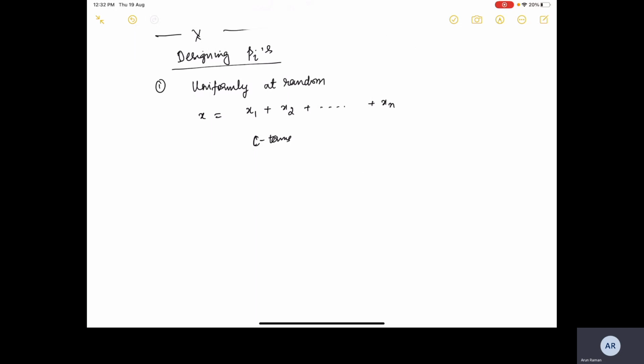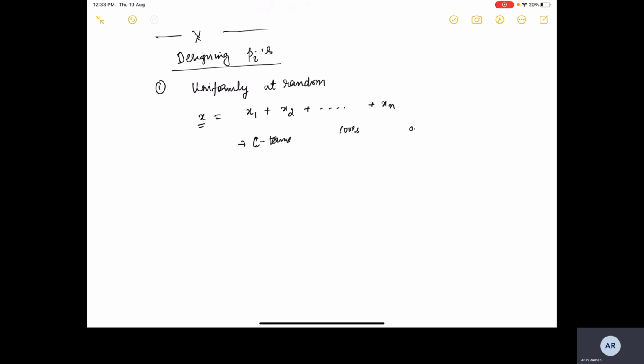Now, if there is a large difference between the values of each of these xi's, let us say that some of these xi's are in thousands and the other xi's are in decimals or less than 1, then if we do it uniformly at random and run several instances of picking c terms, there is a good chance that we will get a large variance in the value of x.